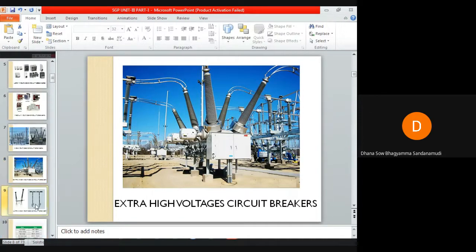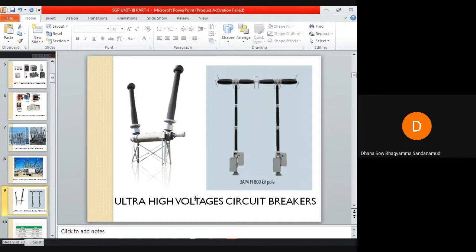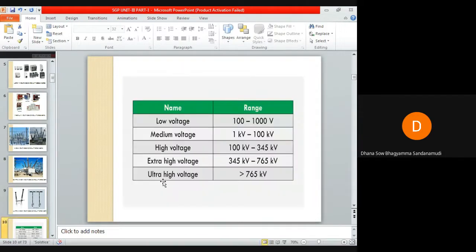And if the voltage rating is above 765 kilovolts, then such circuit breakers are classified as ultra high voltage circuit breakers. So based on voltage rating, circuit breakers can be classified as low voltage, medium voltage, high voltage, extra high voltage, and ultra high voltage circuit breakers.